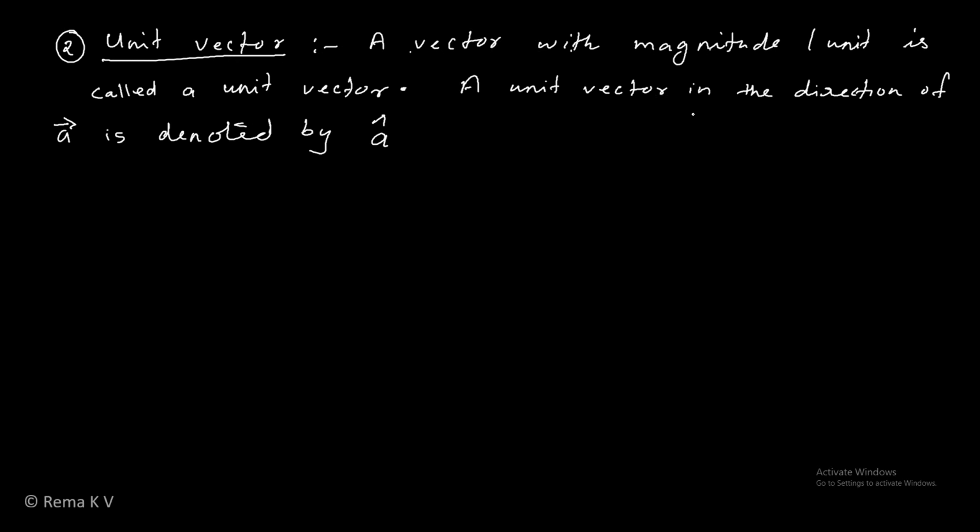So a unit vector in the direction of vector A is denoted by A cap. This is the symbol used for unit vector. And third one is co-initial vectors.